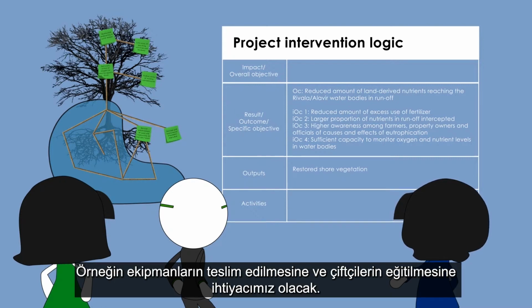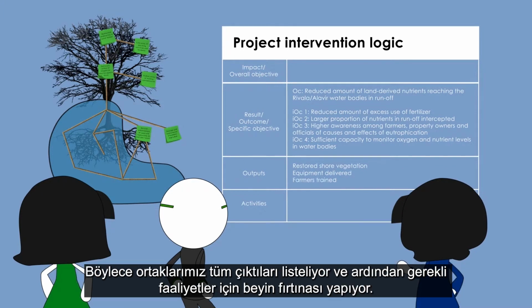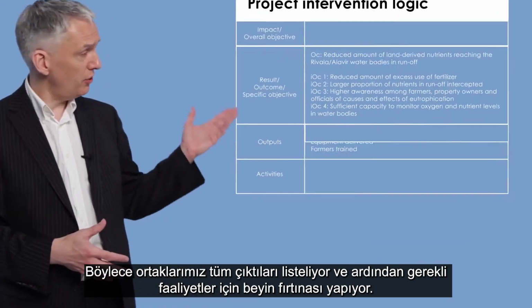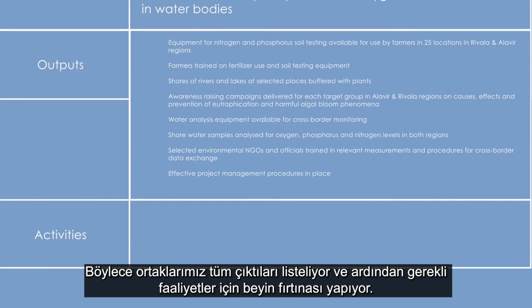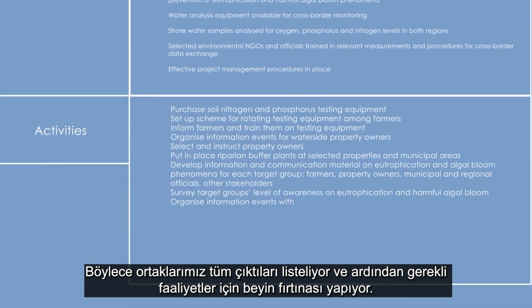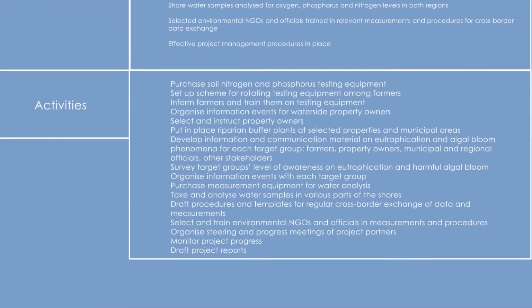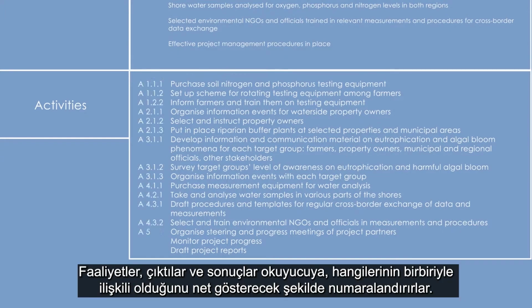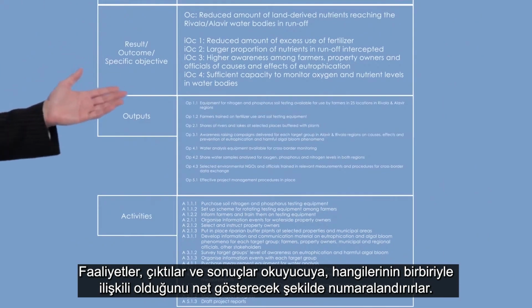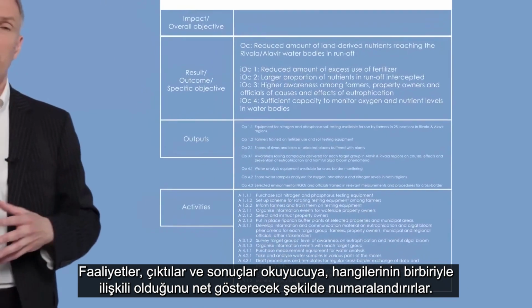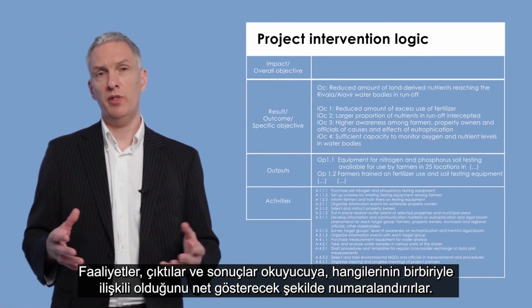For instance, we will need equipment delivered, farmers trained. And so our partners list all the outputs and subsequently brainstorm the necessary activities. They number the activities, outputs, and results in such a way that the reader will understand which ones belong together.